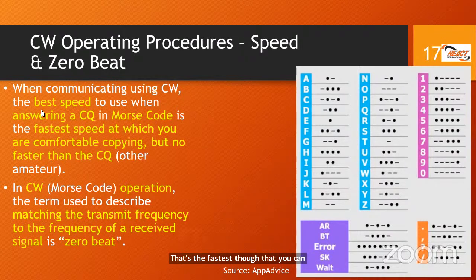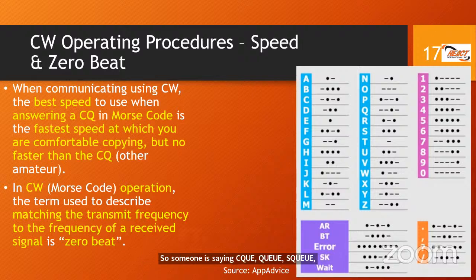So that's an exam question. When communicating using CW or Morse code, the best speed when answering a CQ, remember someone is calling you, is the fastest speed at which you are comfortable copying, but no faster than the CQ, meaning the other amateur. So someone is saying CQ, either CQDX or CQ and giving their call sign.